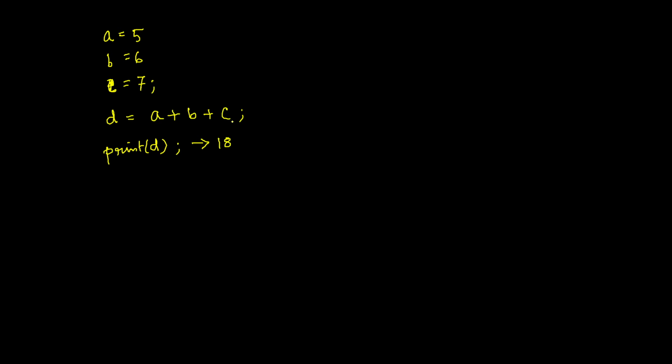What the computer does is break down this statement into two successive single additions. So what is the possibility? A can be added first with B, and that result will be added with C. This is possibility number one. Another possibility is that B will be added with C first, and that result will be added with A.